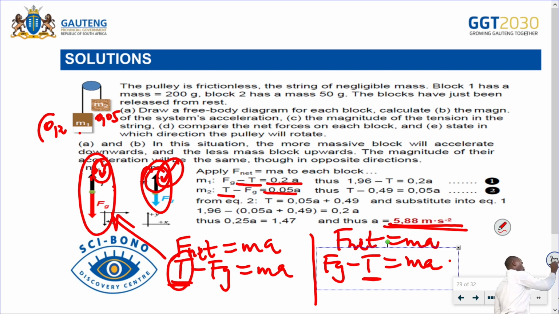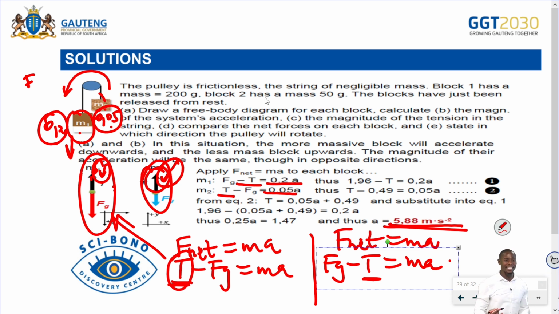We are saying the net force of this will be greater than the net force acting on 0.05, right? So the net force on this side will be greater than the net force acting on 0.05, which means that the pulley will rotate in this direction. It will follow M1, since the net force in M1 is greater than the net force in M2.